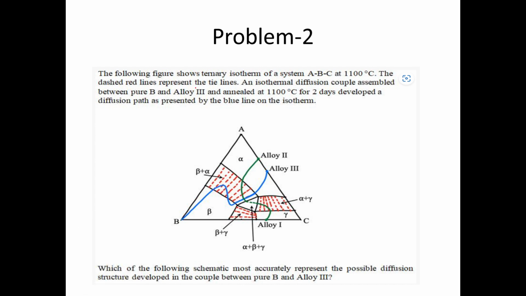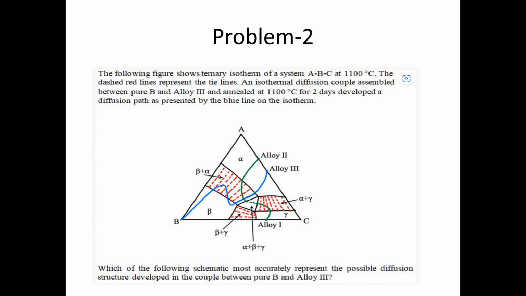The following figure shows a ternary isotherm of a system ABC at a temperature of 1100 degrees Celsius. The dashed red line represents the tie line, and an isotherm diffusion couple is assembled between pure B and alloy C and annealed at a temperature of 1100 degrees Celsius for 2 days.